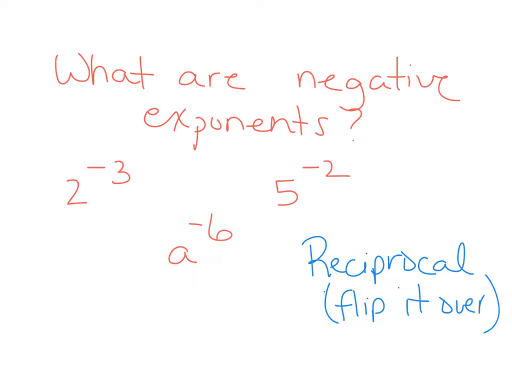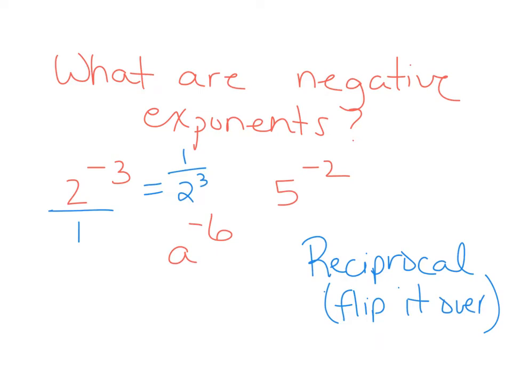So 2 to the negative third. If I wrote 2 to the negative third as a fraction, I would put it over 1. Well, reciprocal means flip it over. So 2 to the negative third really means I'm going to flip literally the whole thing over, and when I flip it over, the exponent becomes positive.